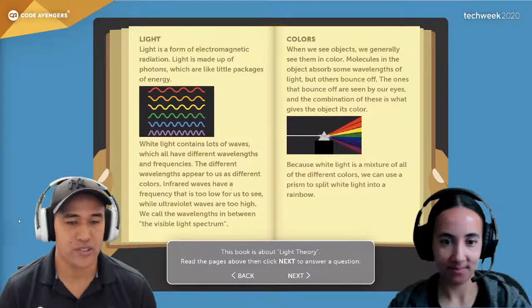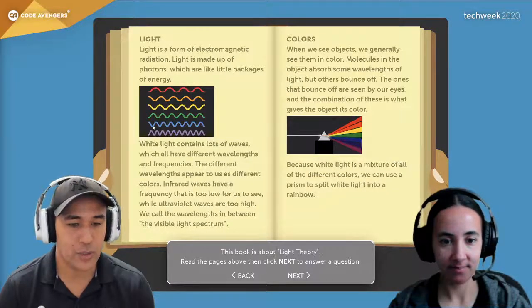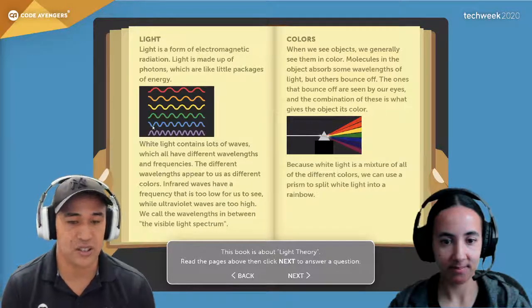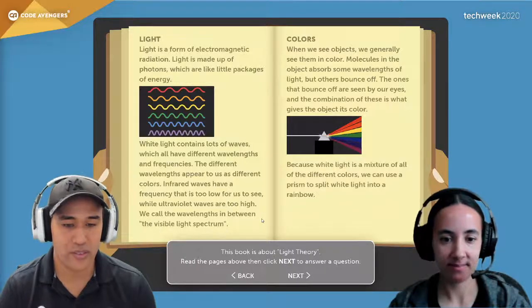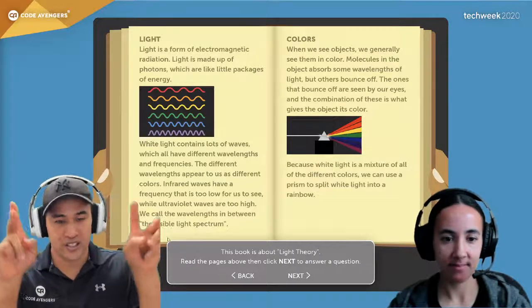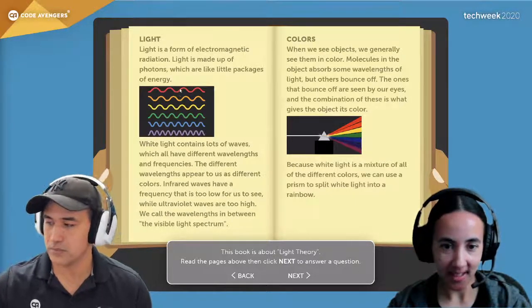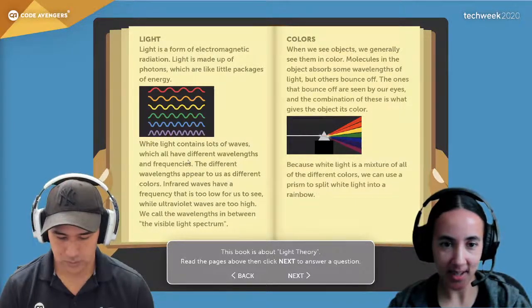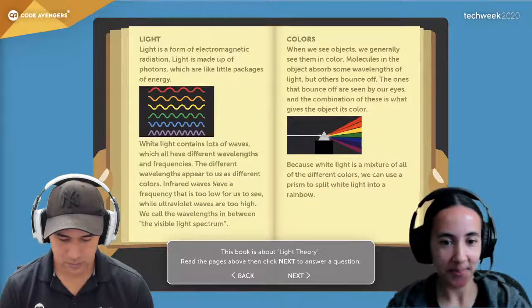The different wavelengths appear to us as different colors. Infrared waves have a frequency that is too low for us to see, while ultraviolet waves are too high. We call the wavelengths in between the visible light spectrum. Sweet. So basically anything that's below red or above purple we can't see, but we can see those colors in between.